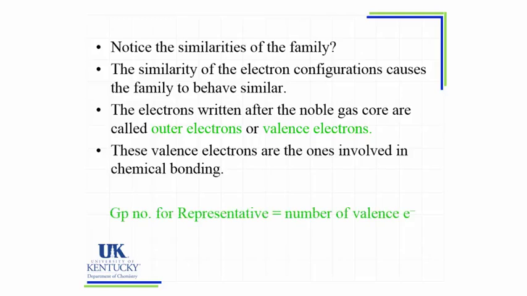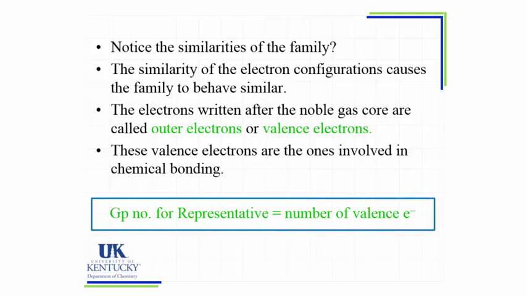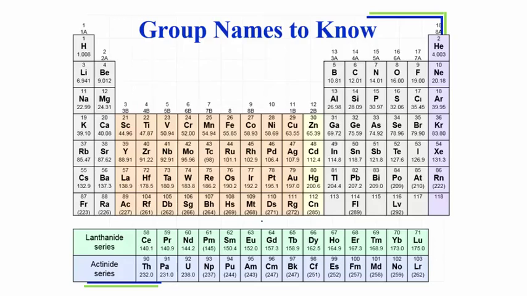And as we saw on the previous periodic table, the group number for those representative elements is equal to the number of valence electrons. So that is an important piece of information to keep in mind. You must keep in mind that it's for the representative elements and not for the transition elements. All right, so we're going to learn some group names here, but just let me re-emphasize: the group number right here is the number of valence electrons in those representative elements.